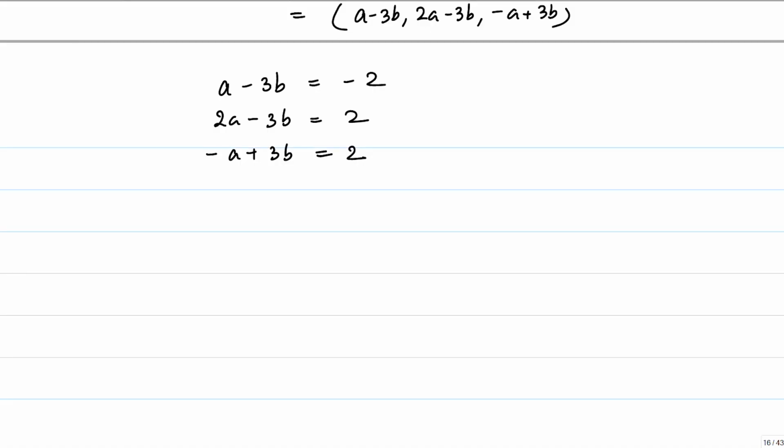Okay, so what can we say from here? a minus 3b is equal to minus 2. These two directly imply a minus 2 is equal to 2, which implies a is equal to 4, and this implies 2 times 4 minus 3b is equal to 2.